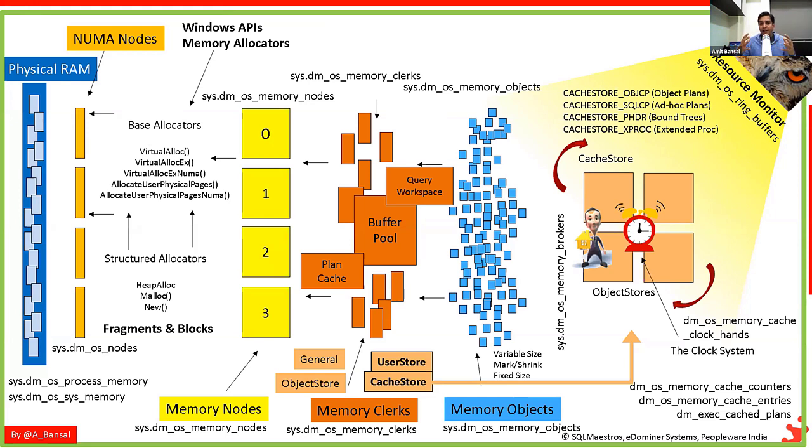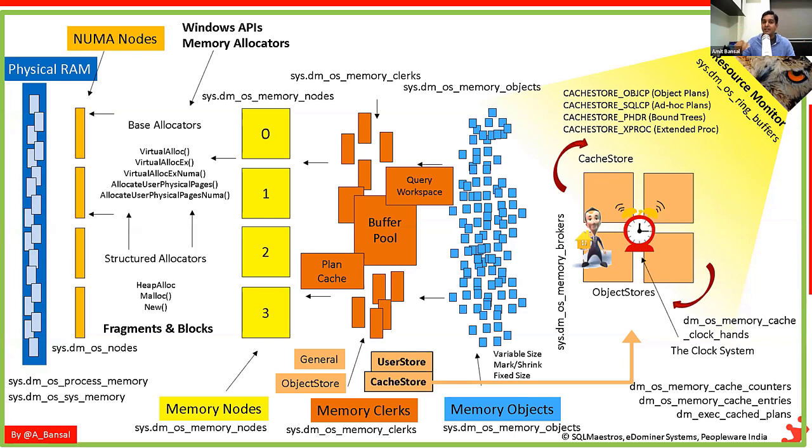Now, when allocations are required by these cache stores, there's another part of SQL Server memory architecture, which is called the brokering system. And broker, as the name says, does the job of negotiating between these cache stores and between these clerks. It's not like a clerk wants memory, so it asks for, let's say, 20 GB for something, and SQL Server will just allocate it.